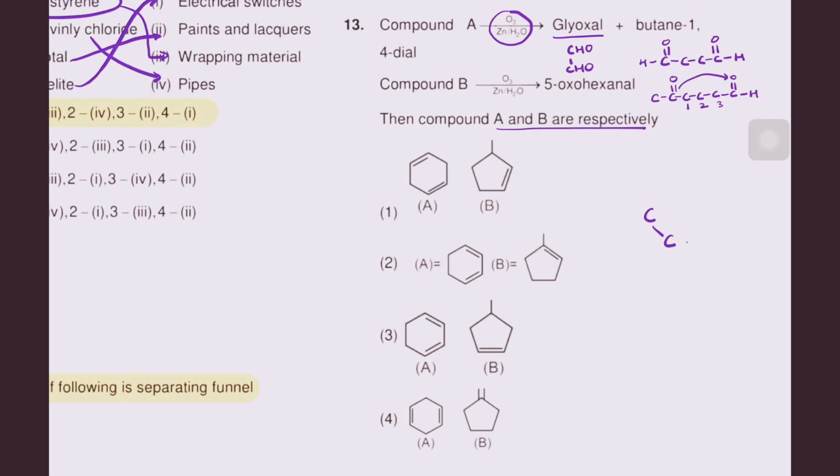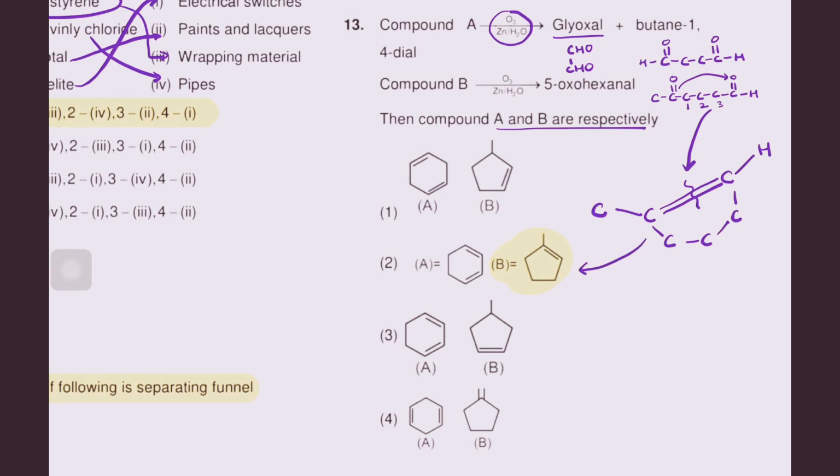So 3 carbons in between, and this carbon should be in contact like this. This methyl group will be the substituent, and this is hydrogen. If you club them together before ozonolysis, you'll get this. It matches this one, so B is this one. This is your B.